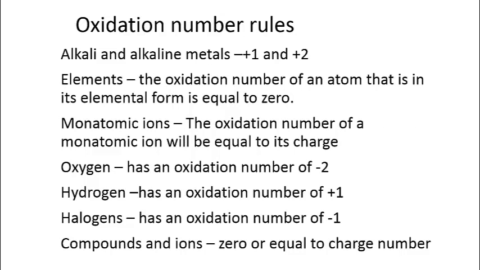We also developed some rules associated with determining the oxidation number of a given atom. The first one being that for alkali and alkaline earth metals, the oxidation numbers are generally positive 1 and positive 2 respectively. Elements: the oxidation number of an atom that is in its elemental form will be equal to 0.